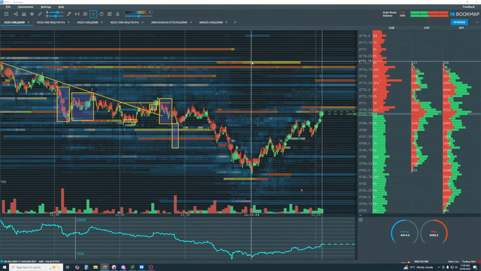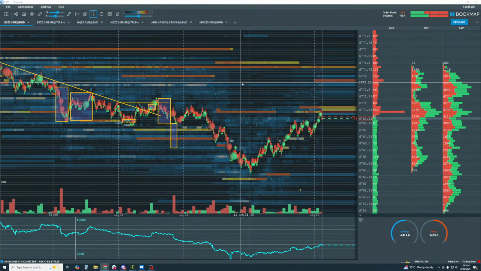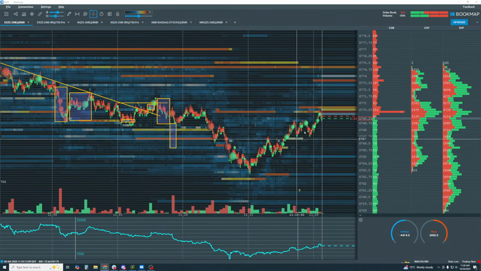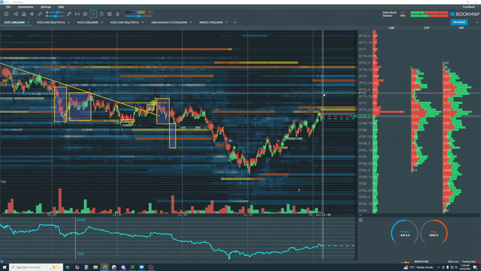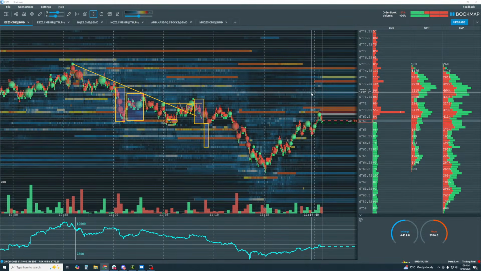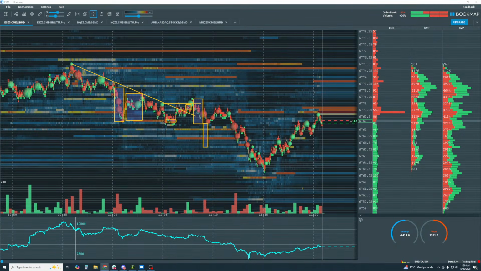And then he's going to be able to go back and identify when this unfolds, and he'll be prepared. He'll know how to manage it. He'll know how to take it, to enter, and to exit, and move stops. All right, and that's a big distinction between what we see with others with their education.